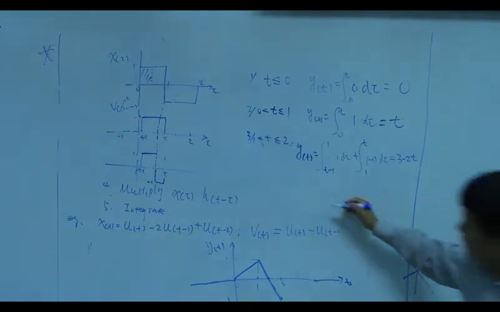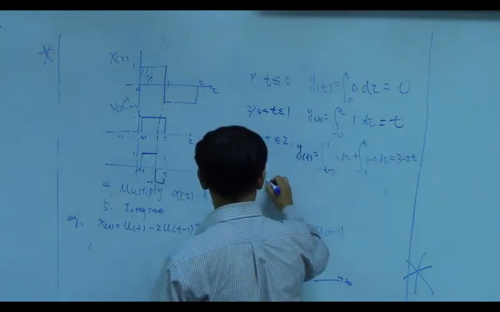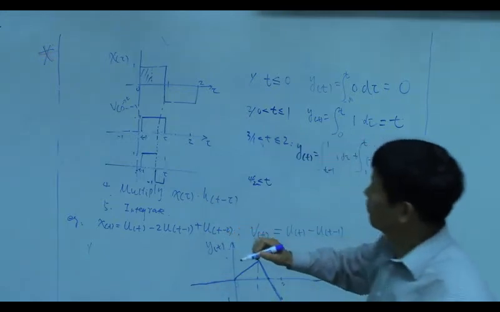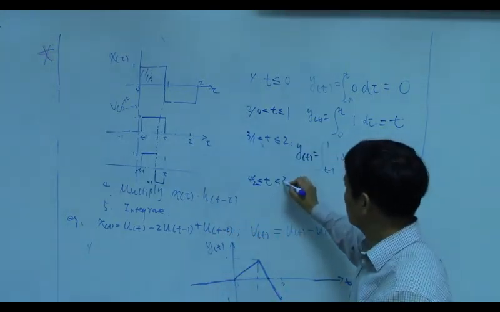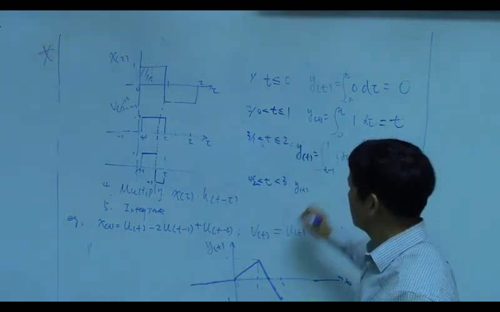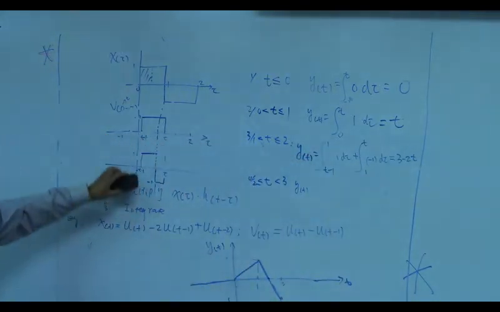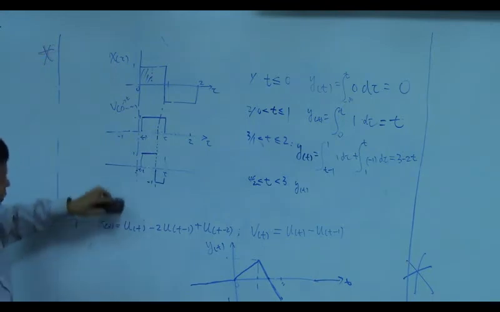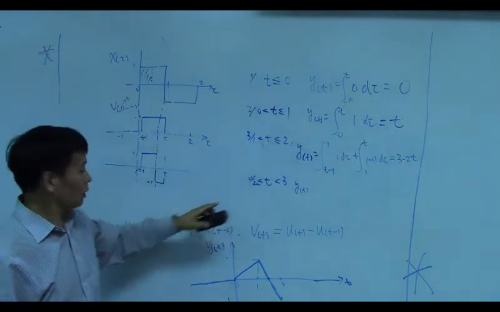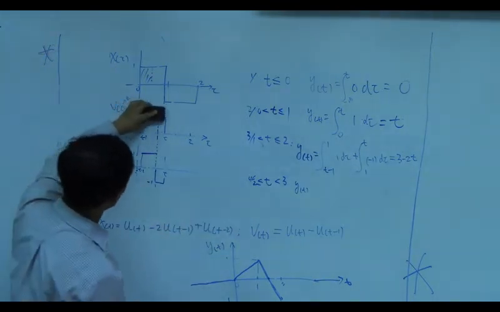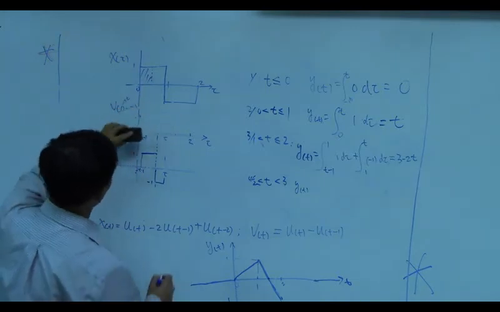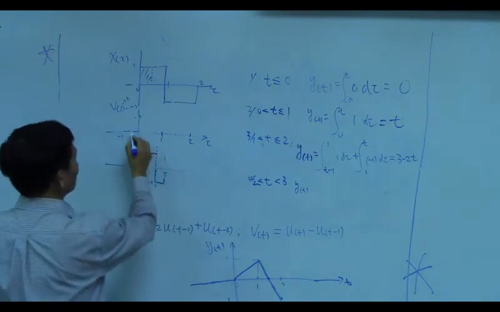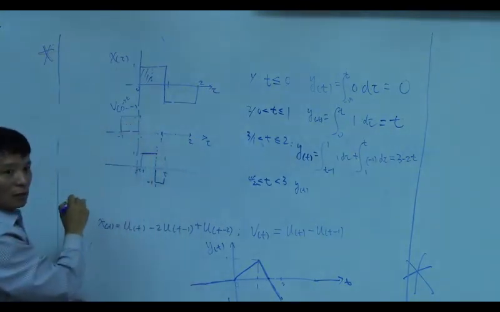Okay, then the next step is, for example, t greater than 2 but less than 3. We don't need this anymore here. We already know how to do it. So when t is greater than 2, look, this is 1, this is 2. T equals 0 looks like this, right?